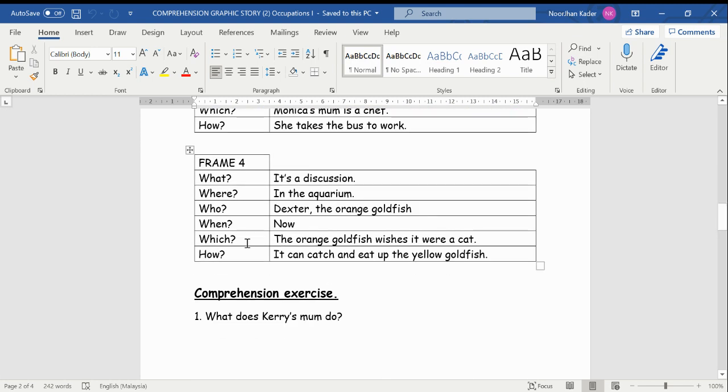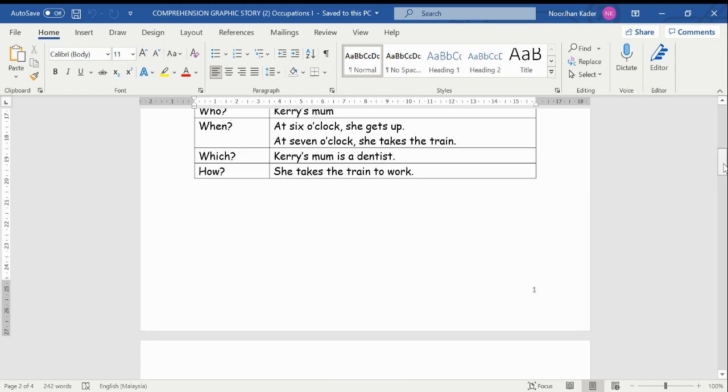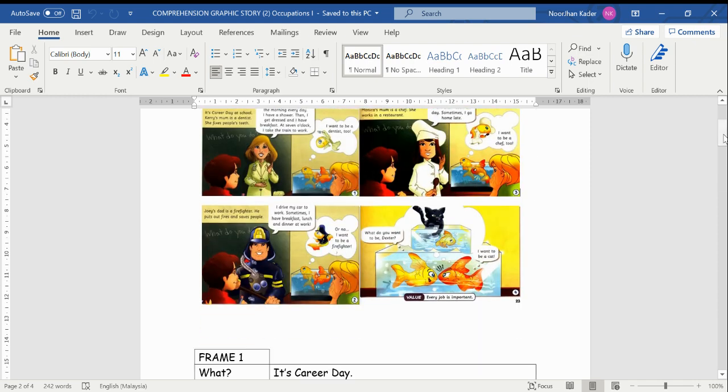Which occupation does it want to be? Because it's a cat, it does not want to be in any occupation, but it wishes to be a cat. I want to be a cat.